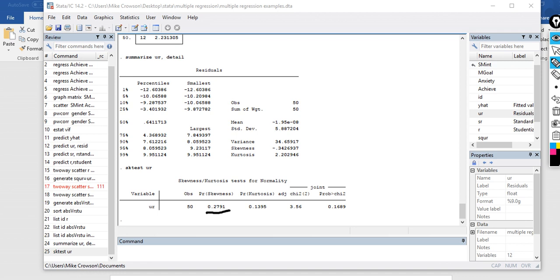So in a nutshell, if I set alpha at 0.05 as a conventional threshold, and I get a p-value less than or equal to 0.05, then I would reject the null and conclude that we have a potential violation of normality, either in terms of the individual dimension or just the general departure from normality overall. You can see that the skewness and kurtosis p-values are greater than 0.05, which would be an indication that our data are reasonably normal on those dimensions.